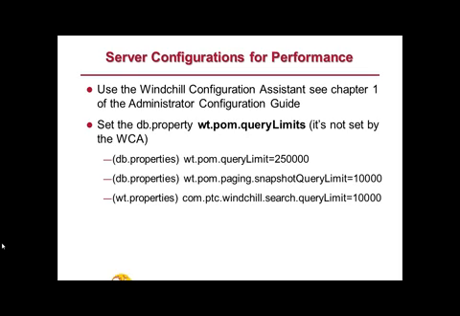Once you run that utility, it examines the resource information from the server where you have Windchill installed, and it calculates the recommended values for Windchill properties. So all the tasks which you normally do with your performance tuning guide up to 9.1 are available as recommendations or as settings which you can set using Windchill Configuration Assistant.